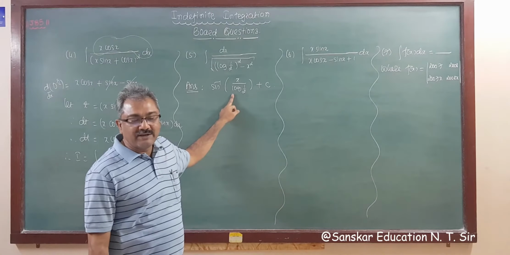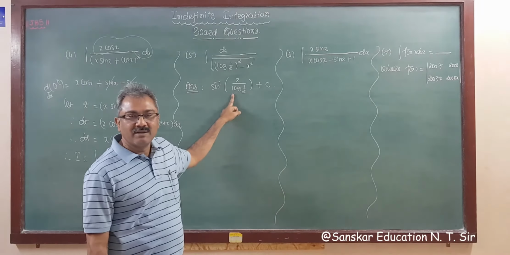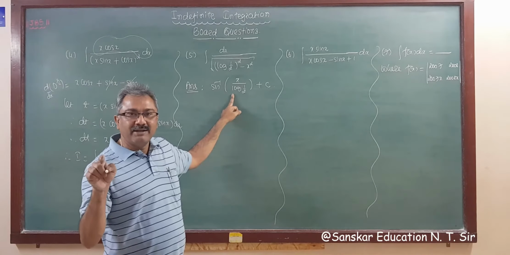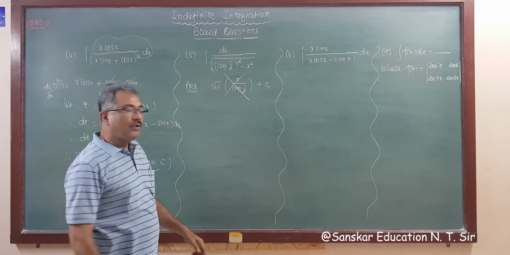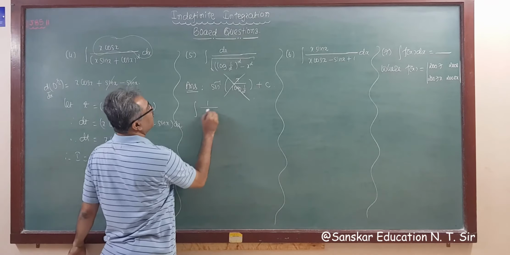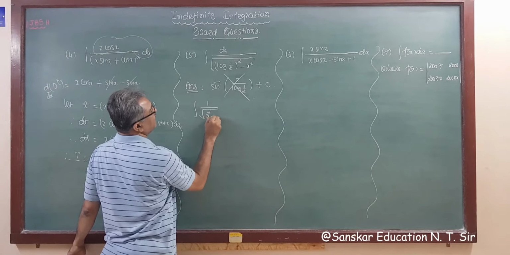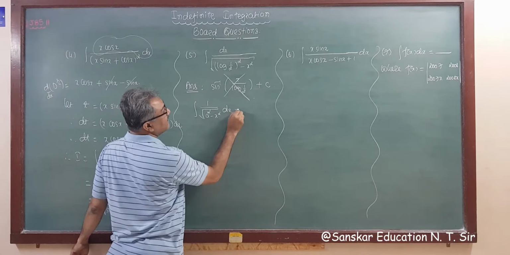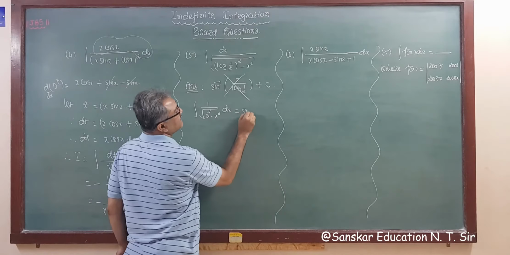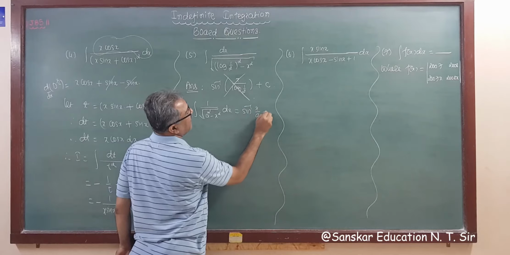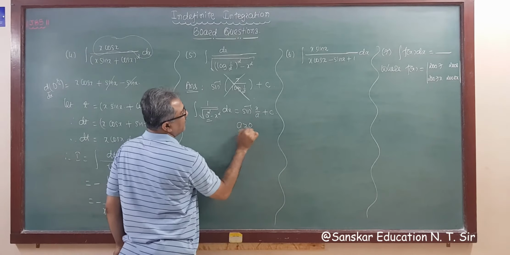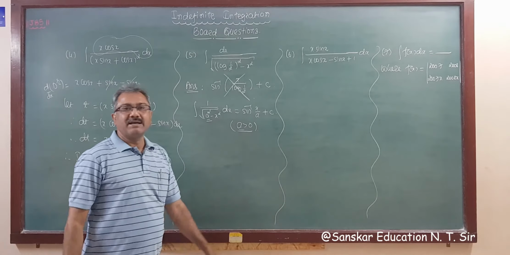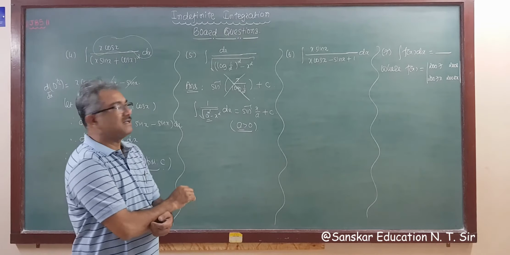So this is not given in any option. Why? Because this is a wrong answer. You have a formula for 1 upon root a square minus x square dx. Yes, this is the right formula, sine inverse x by a plus c. But in that, a is greater than 0. That is the condition; otherwise this is minus.